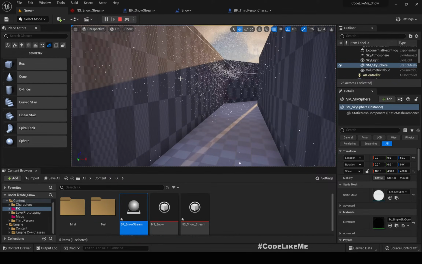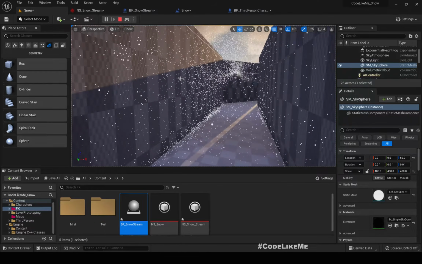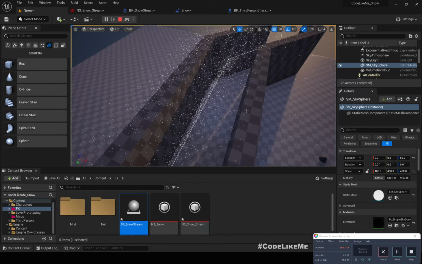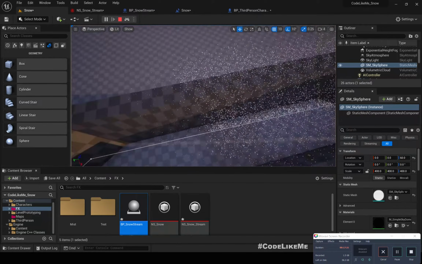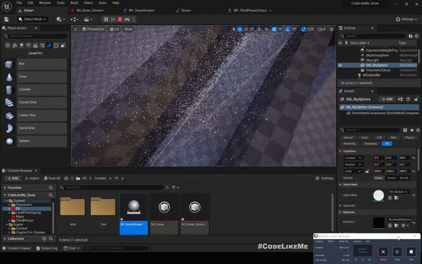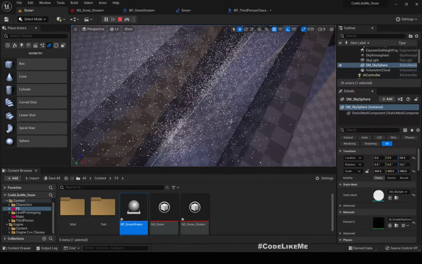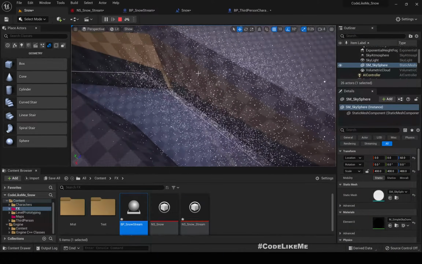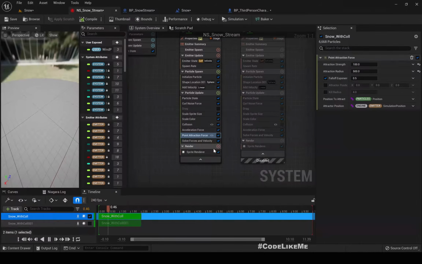Well, it doesn't really look like a snow particle, does it? So point attraction is not working as I wanted. I didn't expect it to work like this, but it is not giving the desired results.